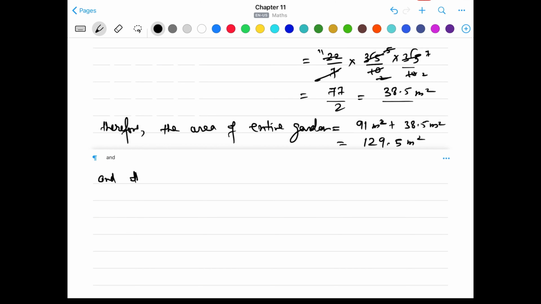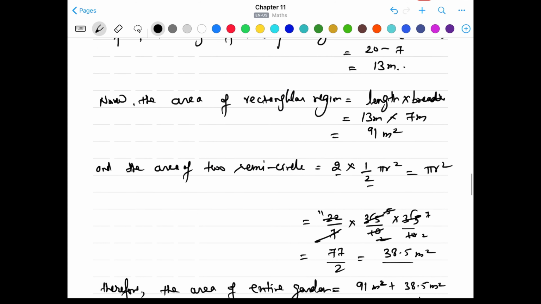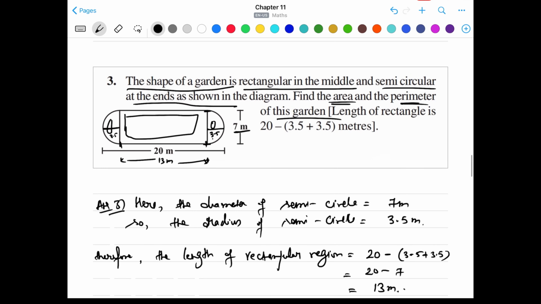and the perimeter of garden will be equal to, now you have to understand one thing here, perimeter is the total length of this outer side. This side is a semicircle, that is, this will be half of the perimeter of the circle.